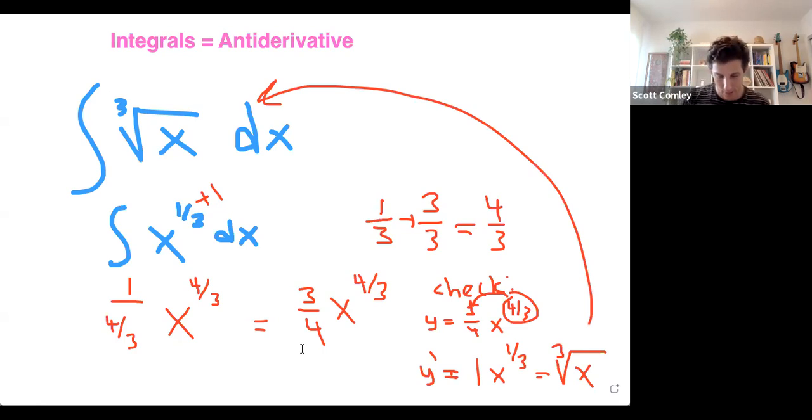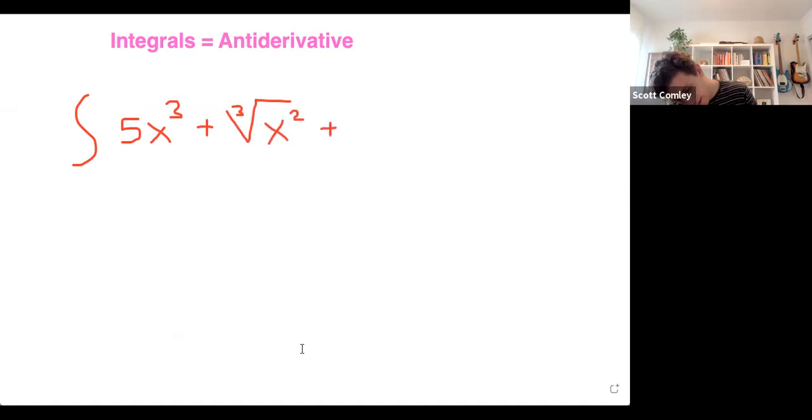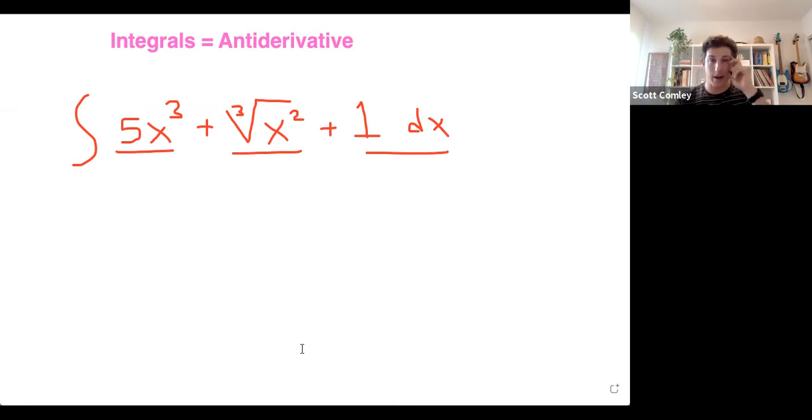Let's just do one more here. What if it is the integral of 5x to the third plus the cube root of x squared plus 1, with respect to x. So every part is separated by a plus or a minus.